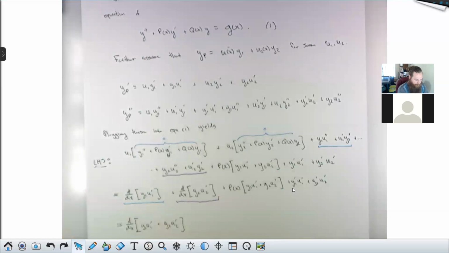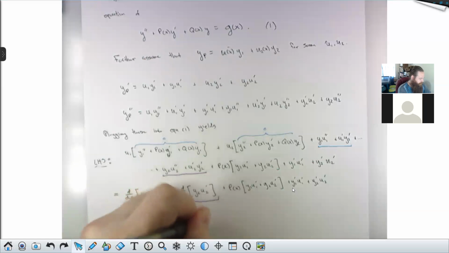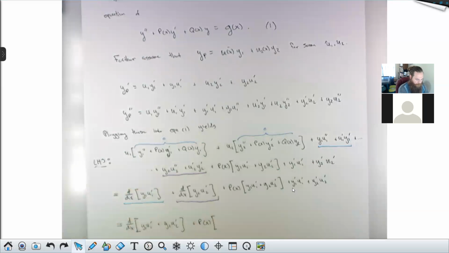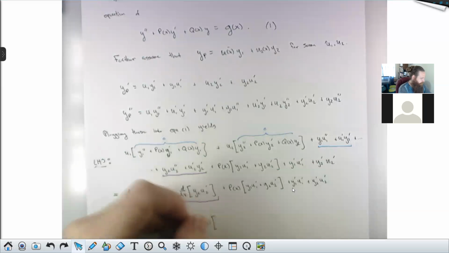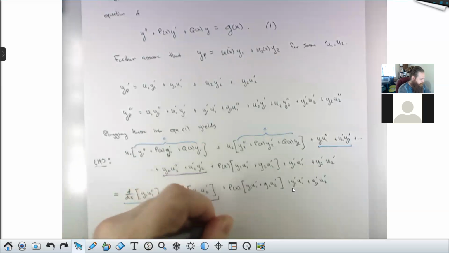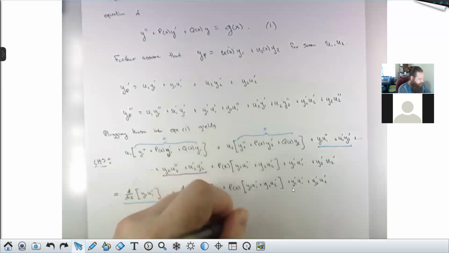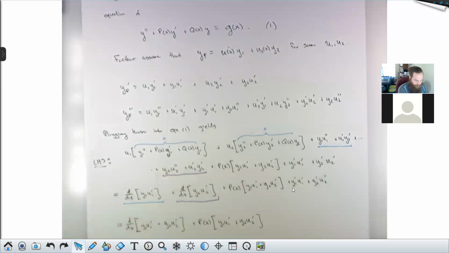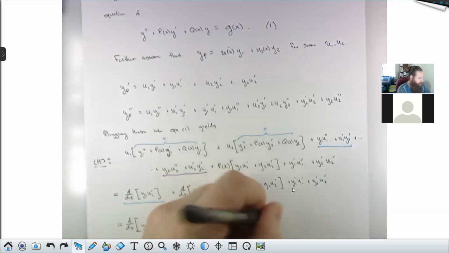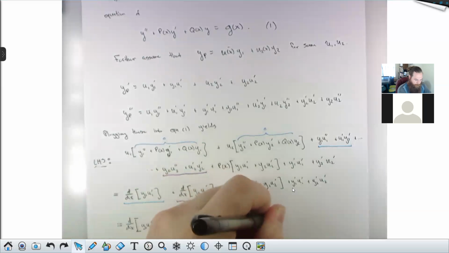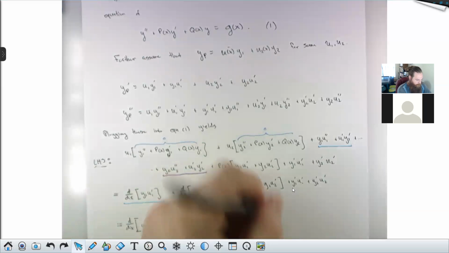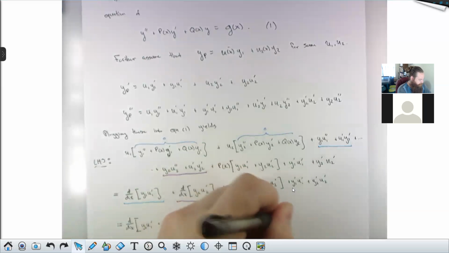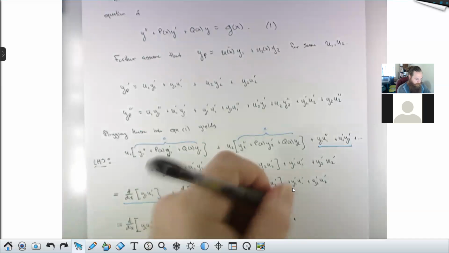And then we still have our p of x times y1 u1 prime plus y2 u2 prime. And then the last two terms. Yeah, no change to this. y1 prime u1 prime, yep, plus y2 prime u2.